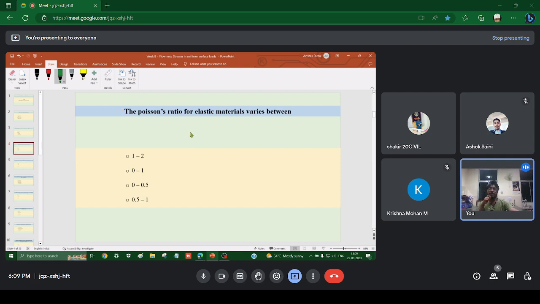The Poisson's ratio for elastic materials varies between what? 0 to 0.5. And why was Poisson's ratio incorporated here? Because in the Westergaard formula, you have Poisson's ratio, for finding out the value of eta.